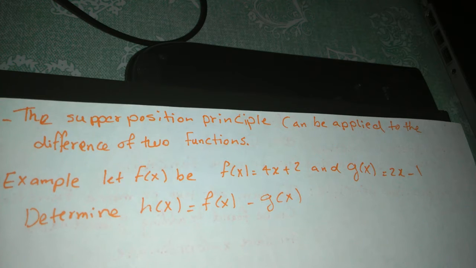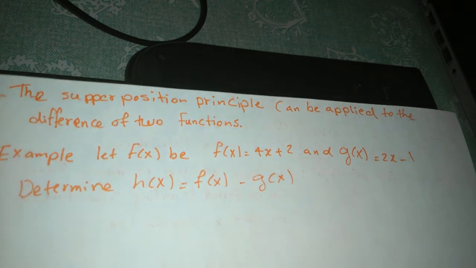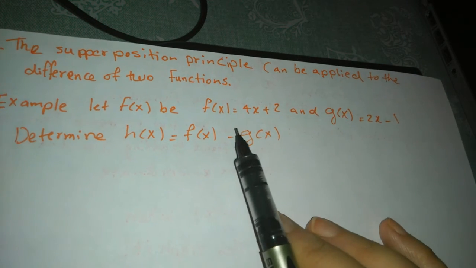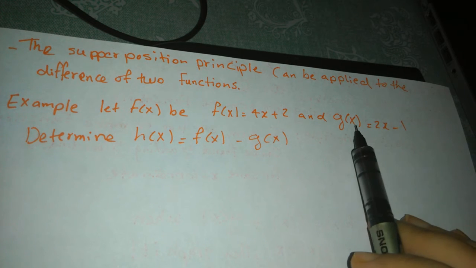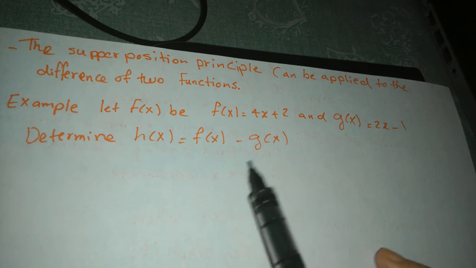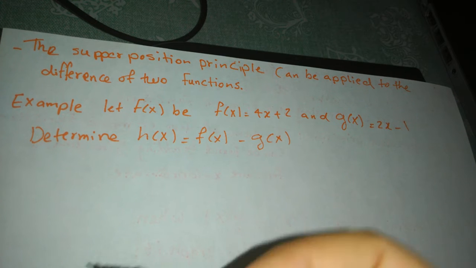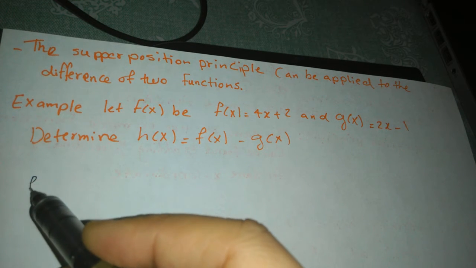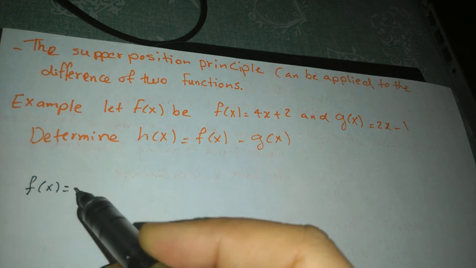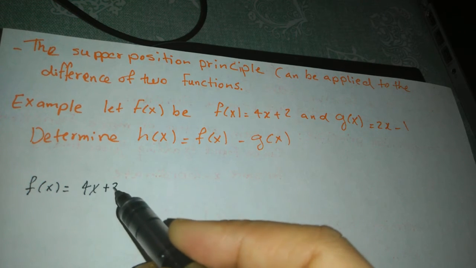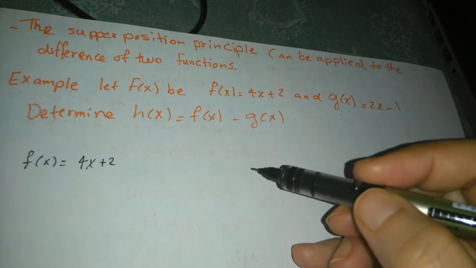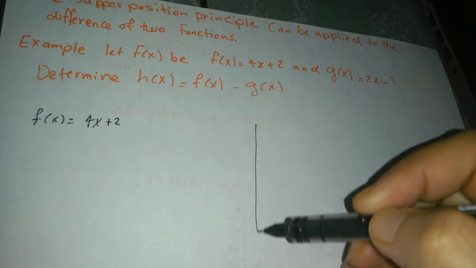Okay, the superposition principle can be applied to the difference of two functions. The example is here. f of x is 4x plus 2 and g of x is 2x minus 1. I want to find the difference. So for f of x, I do a bunch of points. It's going to be 4x plus 2. I want to graph that.